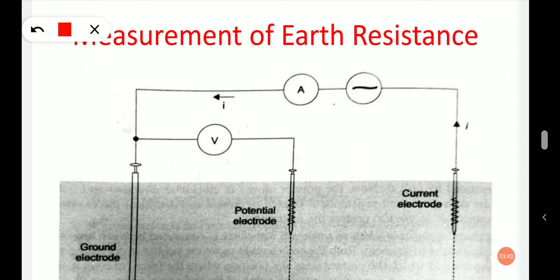The low resistance path of this grounding system must be checked at the time of installation as well as at regular intervals to ensure that it can carry large amount of current without degradation.